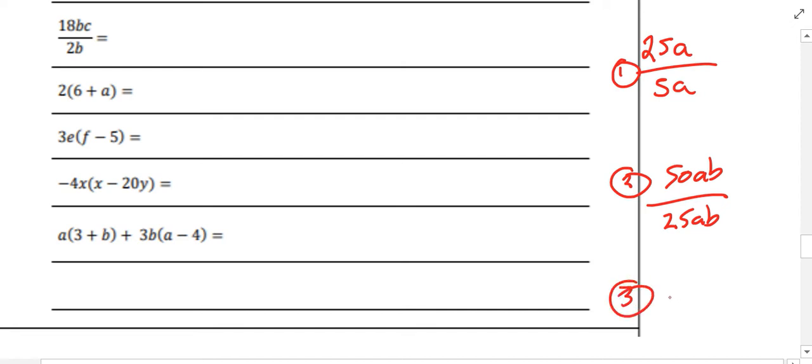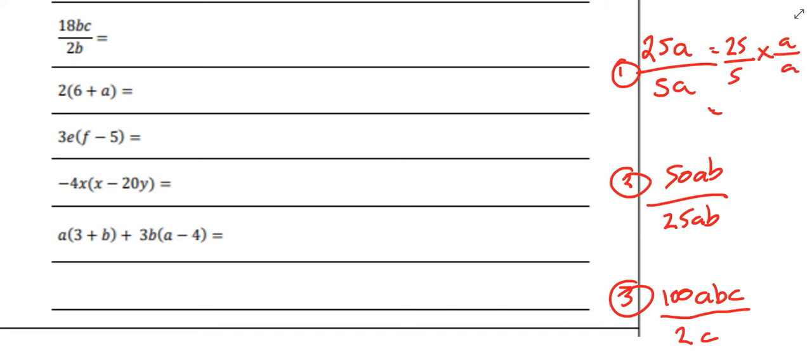And let's do 100ABC over 2C. Off you go. Okay, so we can separate these. That is 25 over 5 times A over A. Well, 25 divided by 5 is just 5. A divided by A is just 1. So that just leaves 5.